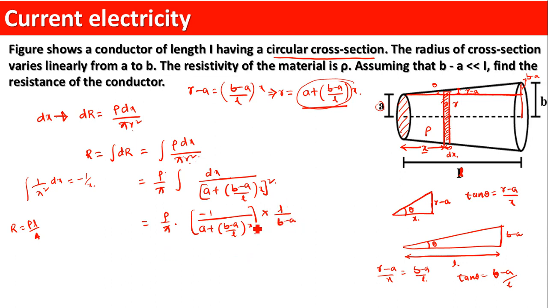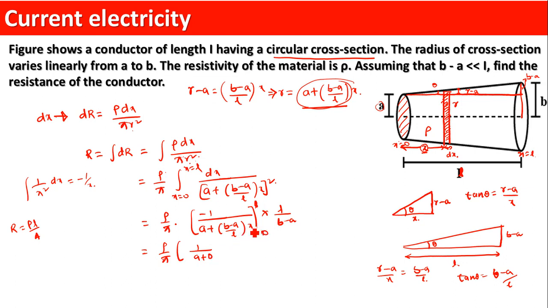Understand? So what about the limits of this x here? That is the question, right? Let us think about this. So basically, x is starting from x equal to 0, and ending at x equal to L, isn't it? That's it. x equal to 0 to x equal to L. So let me substitute 0 to L. Since you have minus here, I can substitute the lower limit first: rho by pi into, if I substitute the lower limit first, then 1 by A plus 0, isn't it?